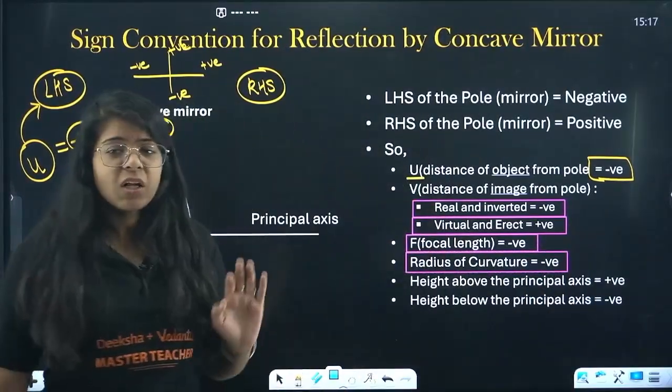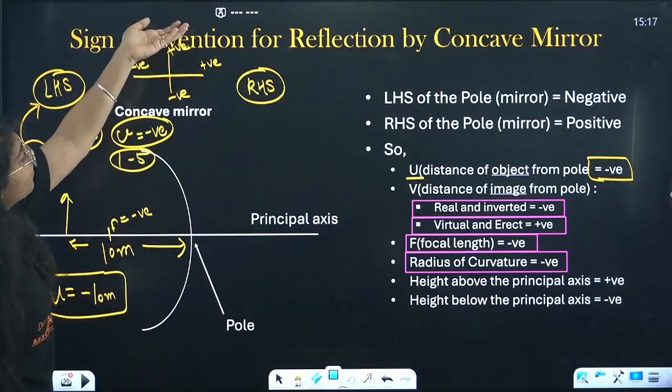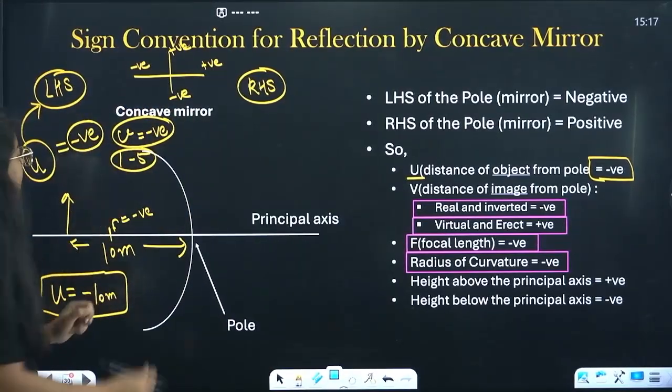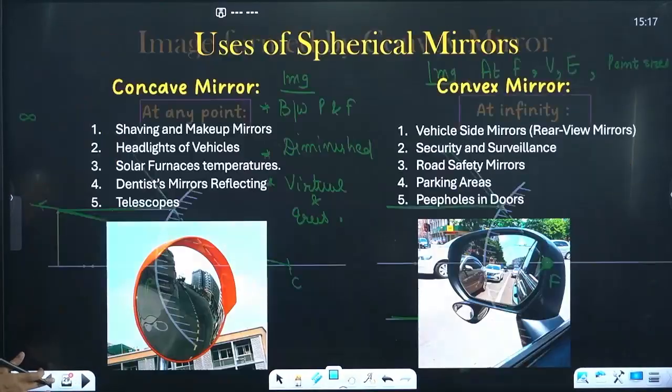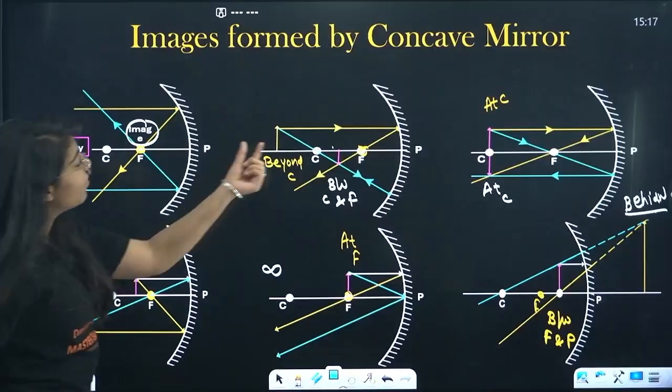Done? One more thing, this is the principal axis; above we have positive, below we have negative. In all the cases of mirror, all these objects were above the principal axis.